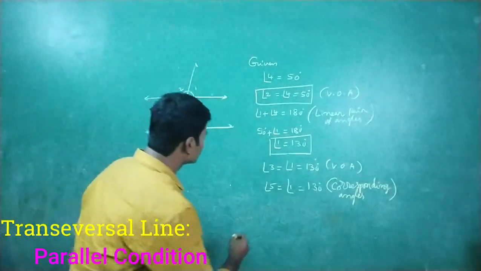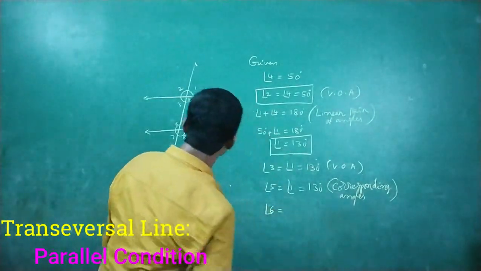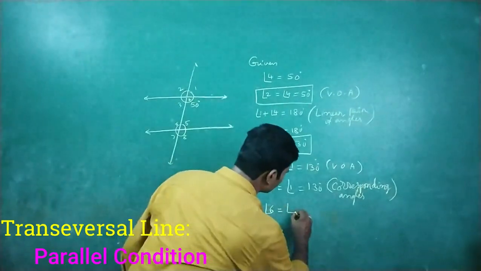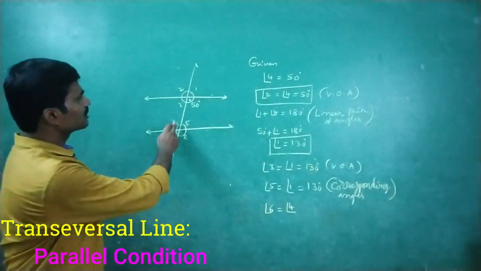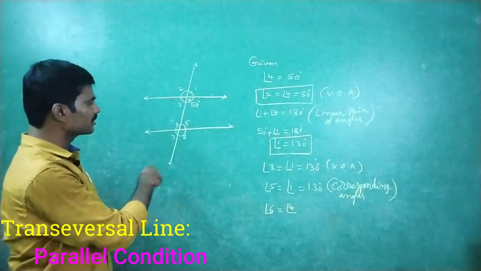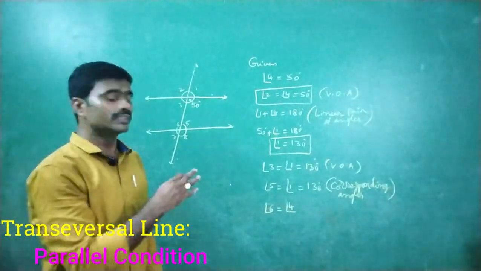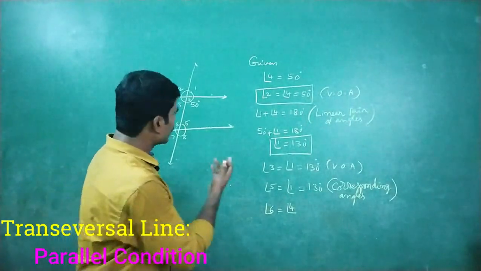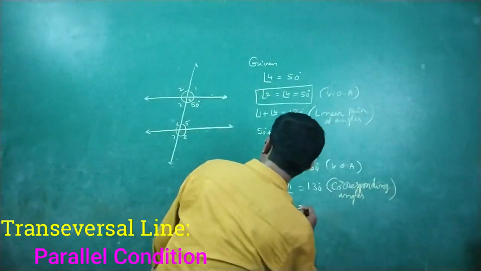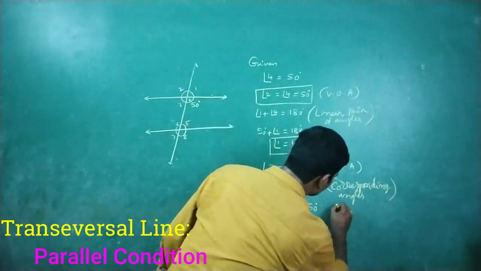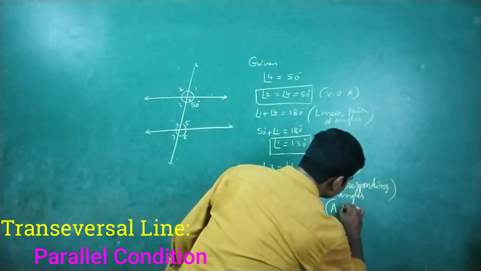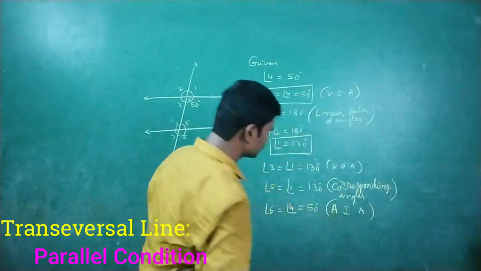Next, angle 6. Angle 6 is equal to angle 4. Or we can use angle 6 equal to angle 2, corresponding angles. Otherwise, angle 6 is equal to angle 4, that means alternate interior angles. So angle 6 is 50 degrees. Reason: alternate interior angles.